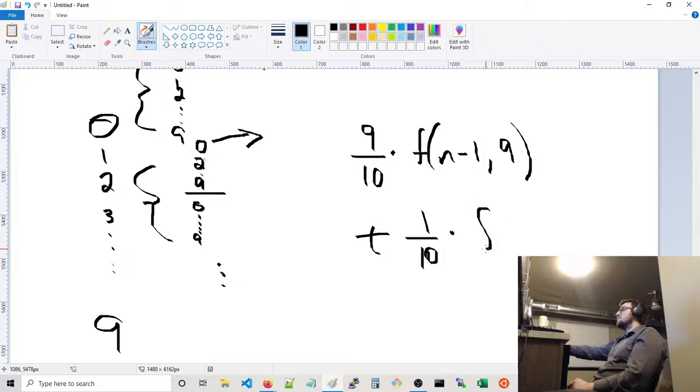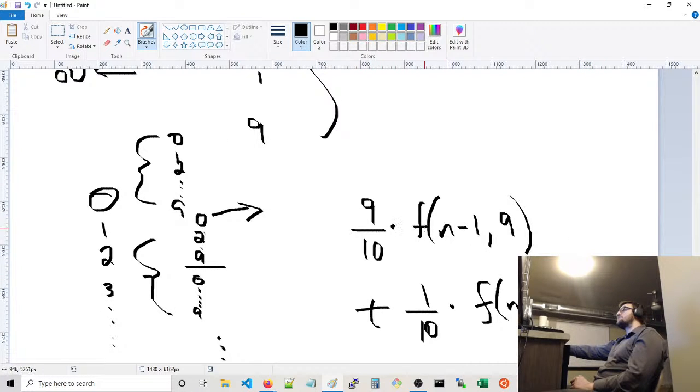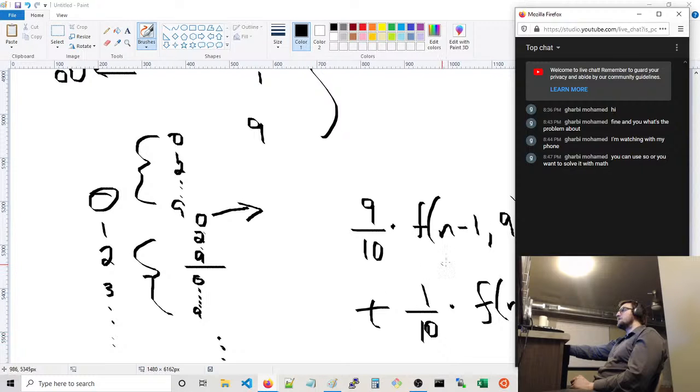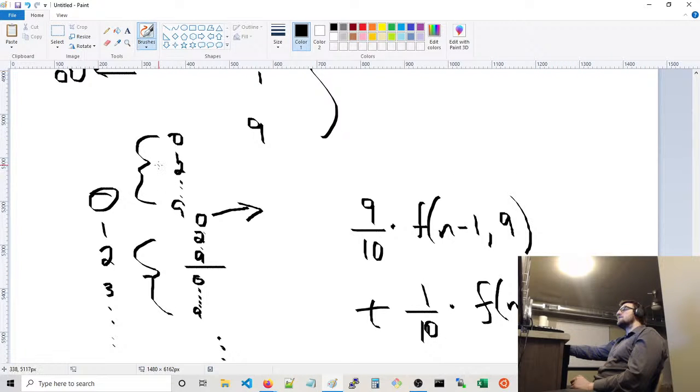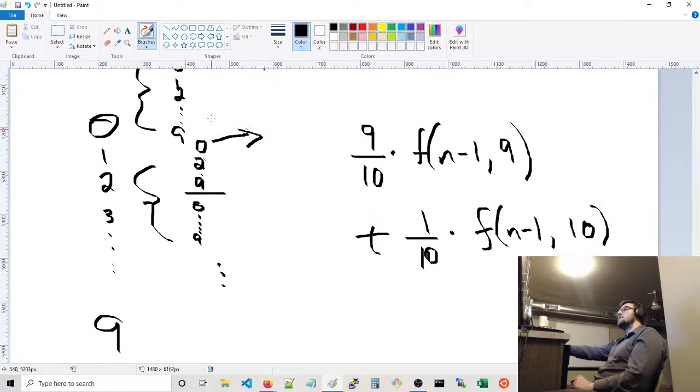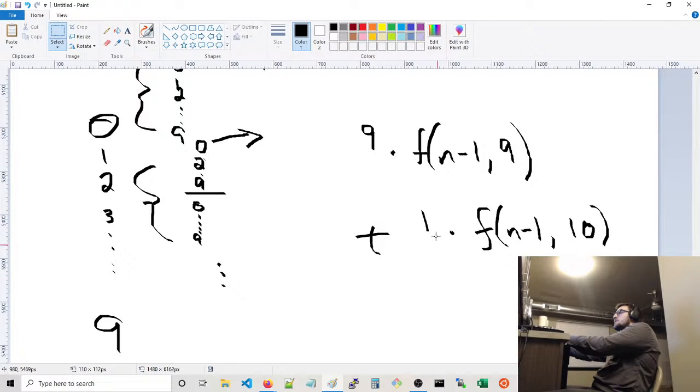One less character now. But you still have 10 different choices to pick from. So maybe that's what we should do. We should track how many choices you have left at each step. And actually, instead of 9 out of 10, you could do 9 times this, right?